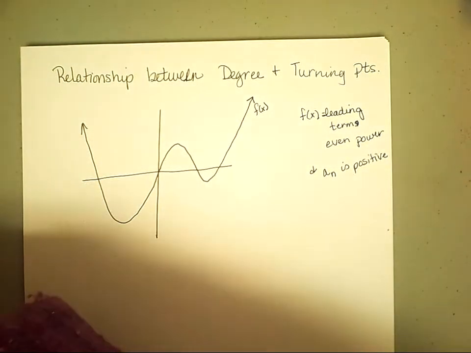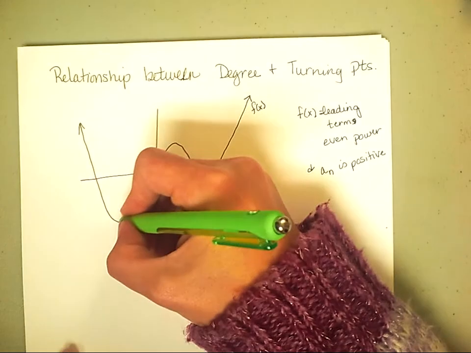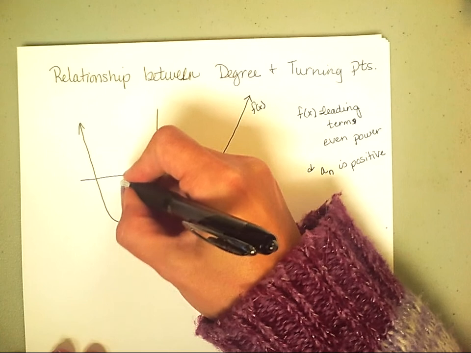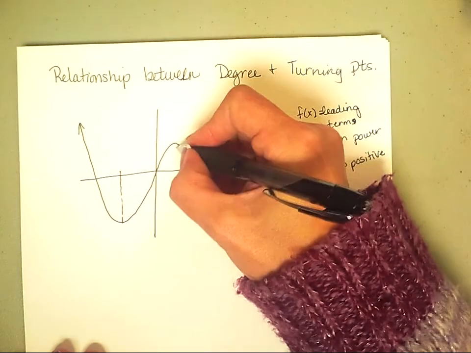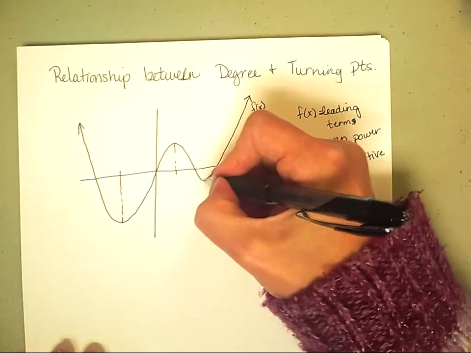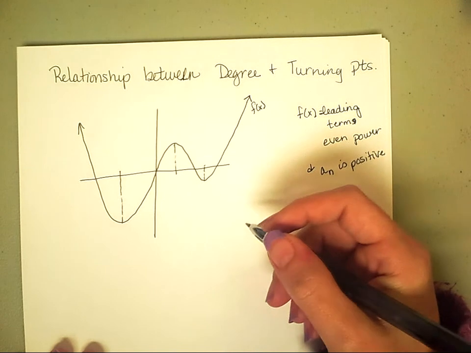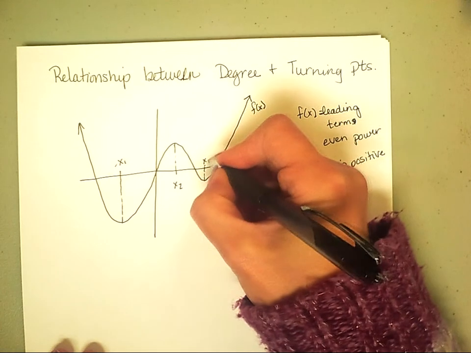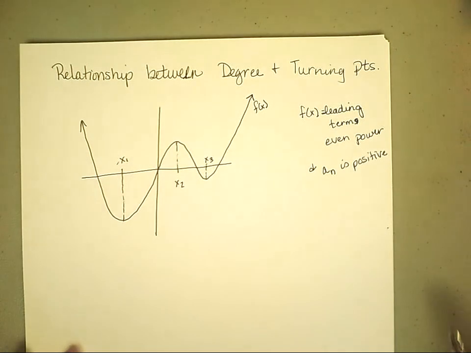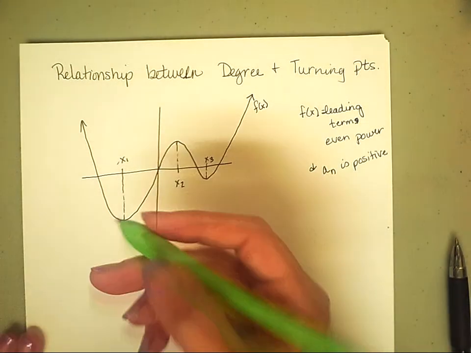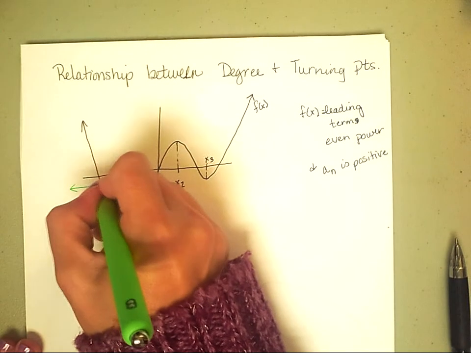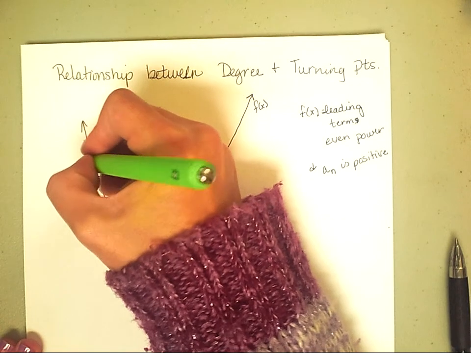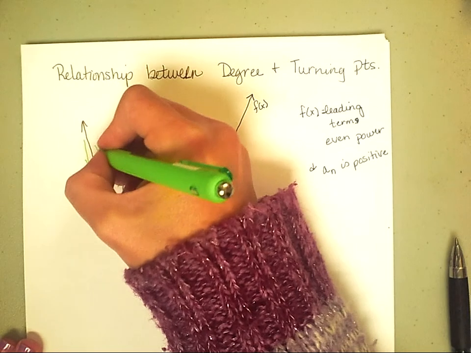Okay. Now let's analyze what's happening. Okay. Here we have a local minimum, and here we have a local maximum, and here we have a local minimum. Okay. So let's just call this x1, x2, and x3. Okay. They will occur at these points. Okay. Now, for values from negative infinity up to x1, this function is decreasing.